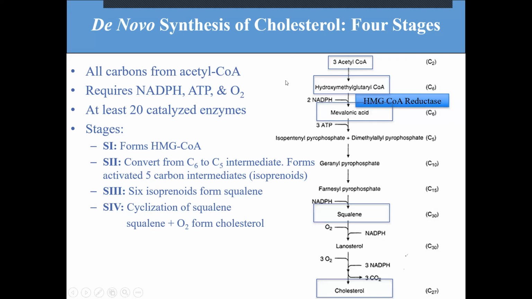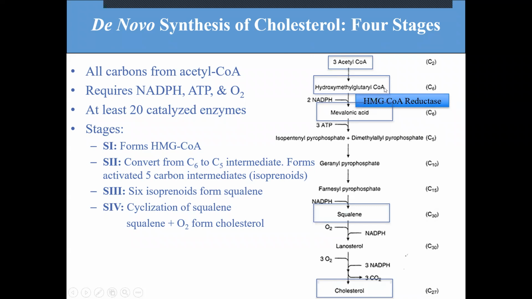And everything else sort of helps along, such as the energy, NADPH, and oxygen. Okay, so the main steps that you need to know is that we have acetyl-CoA at the start, and then we make this molecule, which I'm not going to try to pronounce, because the short term for it is just HMG-CoA. So like HMG and then CoA.